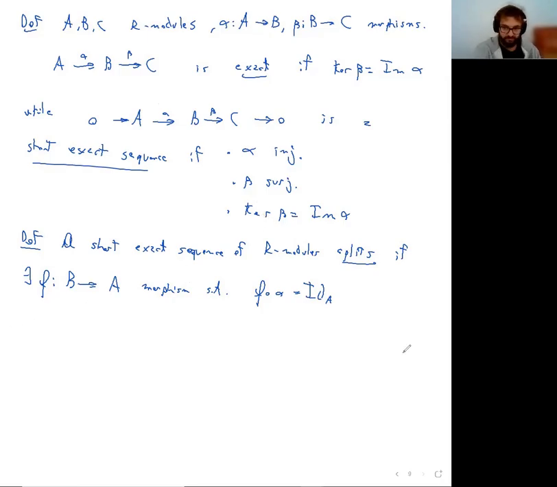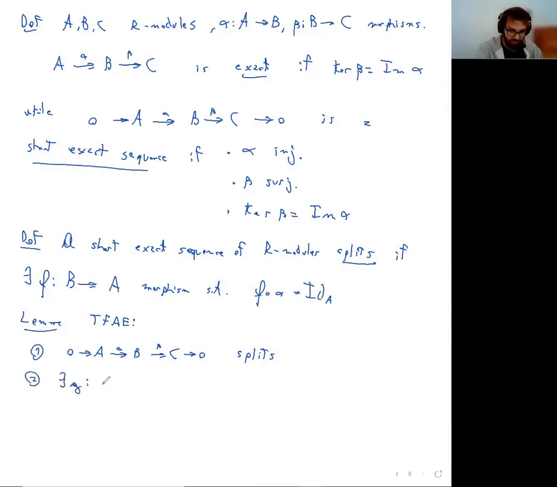And lemma, the following are equivalent. I don't know if you're familiar with TFAE. The following are equivalent. 1. The sequence splits. 2.